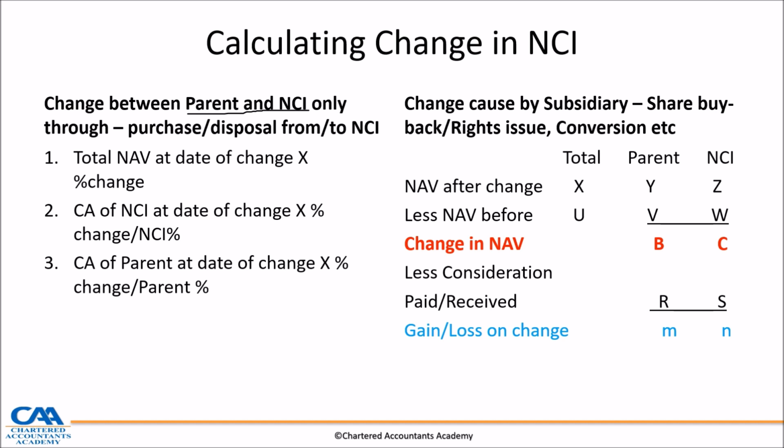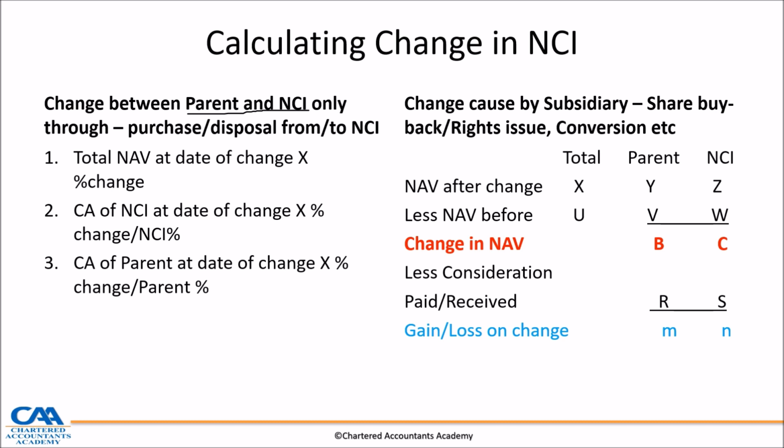For change caused by the subsidiary, such as share buyback, rights issue, conversion, etc., it needs to be dealt with delicately. First of all, you need to establish the net asset value after change, both at the total level at parent and NCI, which means you're using the new percentage. Then you less the net asset value before, appropriating those net assets using the old percentage.